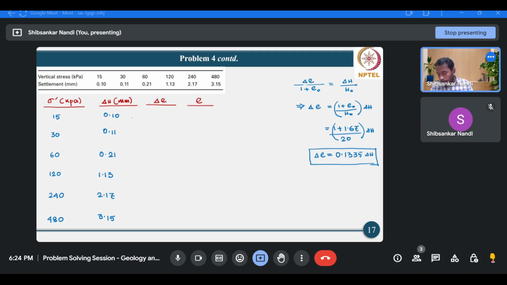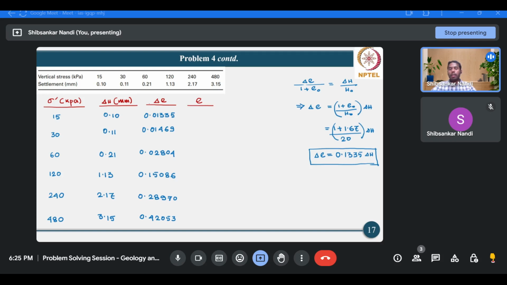So first of all, it will be 0.01335, then 0.01469, then 0.02804, then 0.15086, then 0.28970, and finally 0.42053.